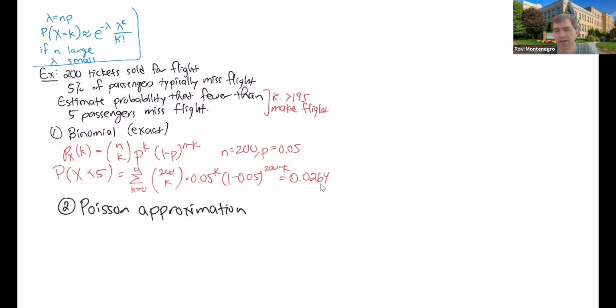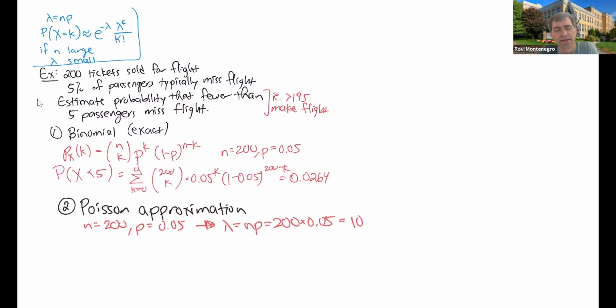We don't have infinitely many passengers, we have 200. So it's, again, an approximation. So n was 200 again, p is 0.05, so the rate lambda is 200 times 0.05, which is 10.